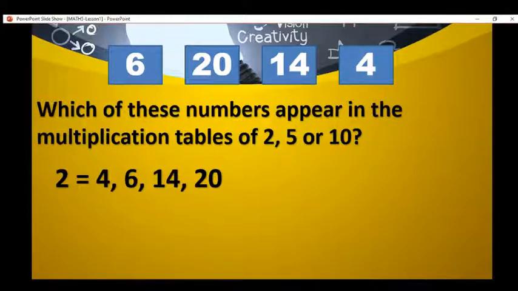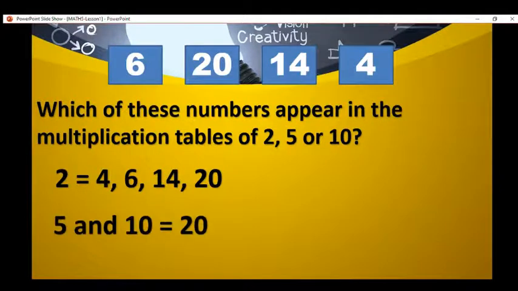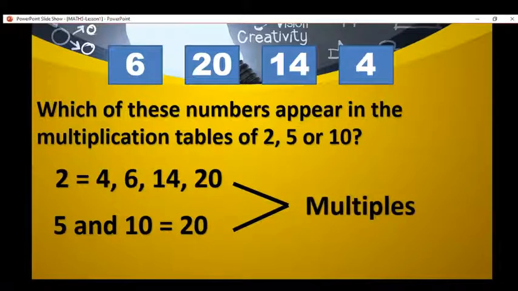While in 5 and 10, 20 will appear in the multiplication table. So these numbers 4, 6, 14, 20 are what we call multiples.